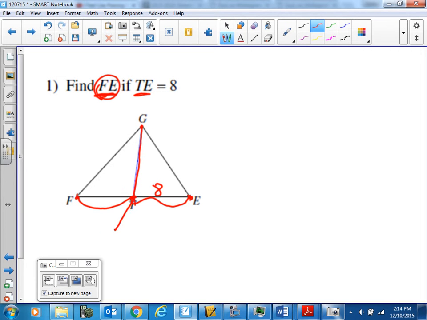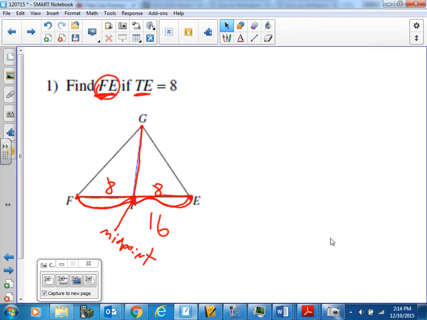If this is our midpoint, that means it is the middle of this entire segment. So if it is the middle, it cuts it in half, which means FT has to be 8, which means the entire segment from F to E must be 16. So that's our first one.